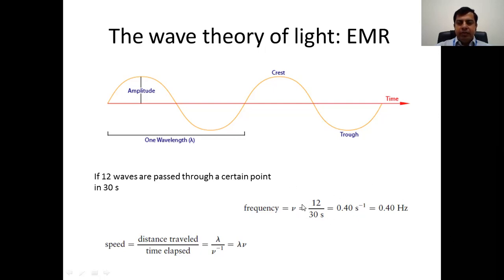Why am I going to use this? Because I am going to apply this knowledge to calculate the speed of light. Speed generally is the distance traveled per time elapsed. The distance traveled by a wave is the wavelength.